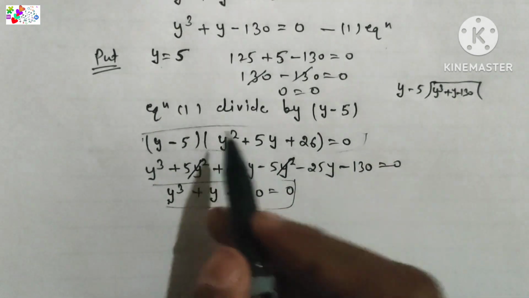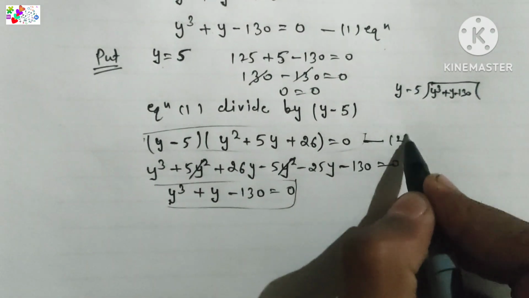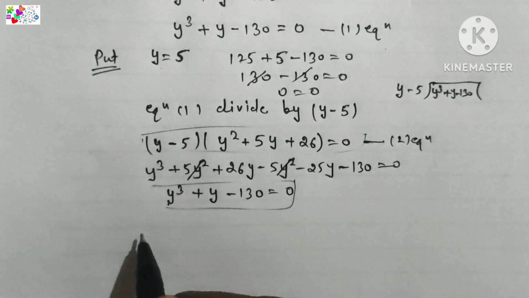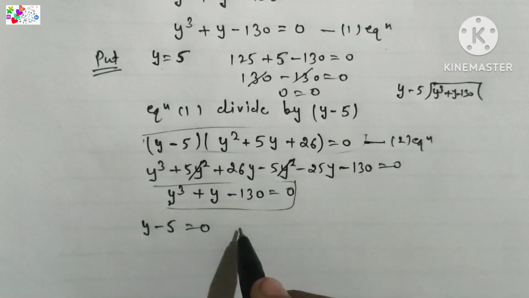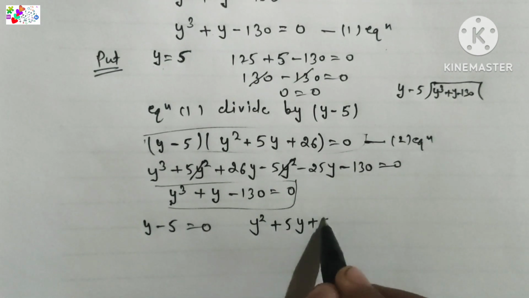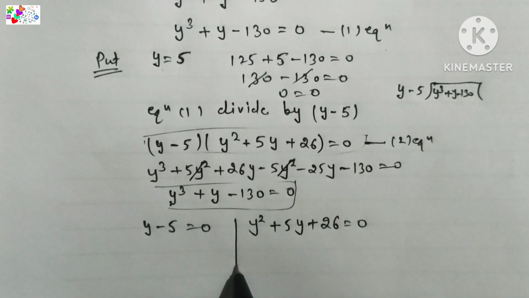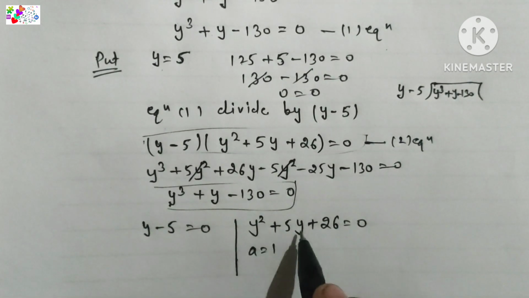So we have two factors, so I will write here the two factors: y minus 5 is equal to 0, and y square plus 5y plus 26 is equal to 0. So this is our quadratic equation.